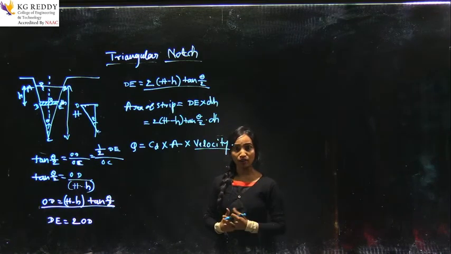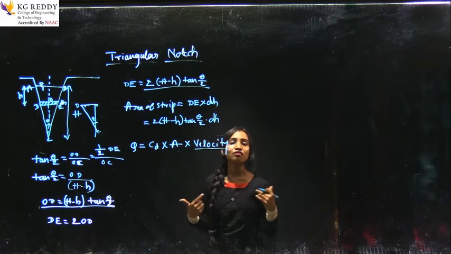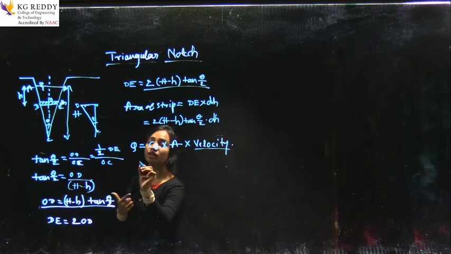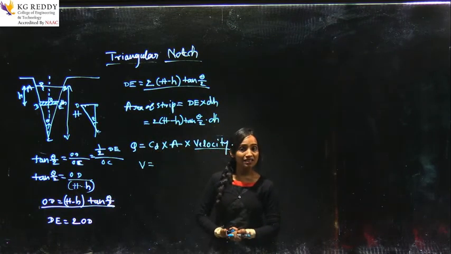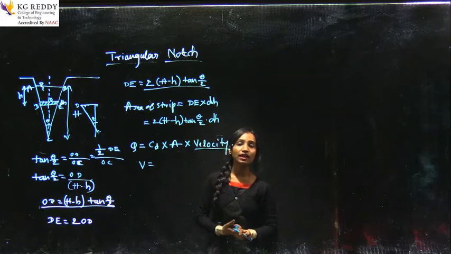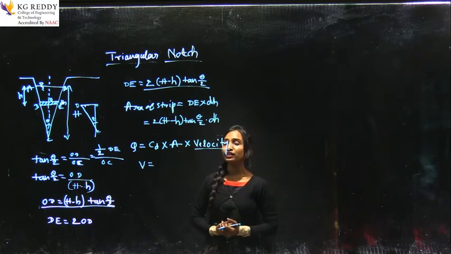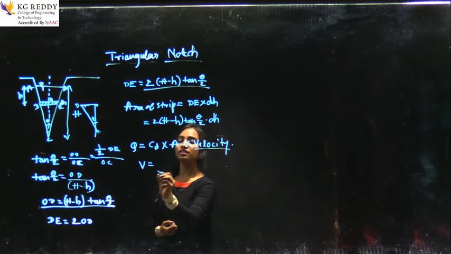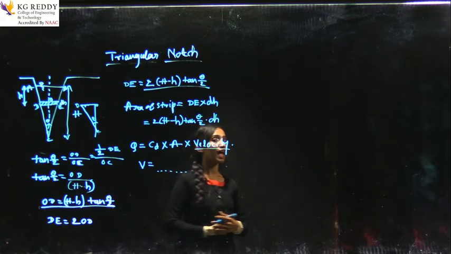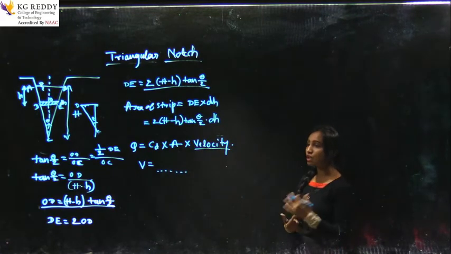Now I am giving one task. You have to tell me the value of the theoretical velocity. We also discussed this in the last class when we were dealing with the rectangular notch. Just think and tell me. Your time starts now.